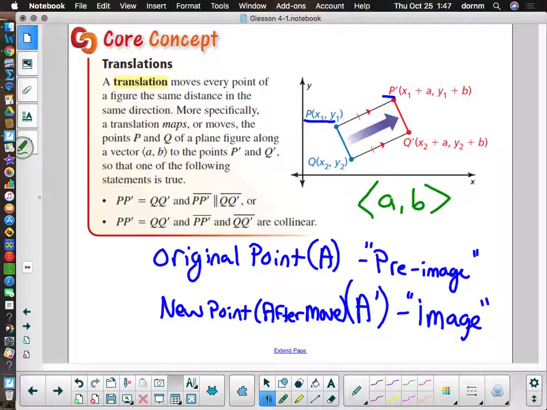The second point of the segment, (x2, y2), goes to the image of Q, which is Q primed, (x2 + a, y2 + b). Now, it does note that P to P primed and Q to Q primed are parallel lines. That's really not going to be super important to us, but it is kind of an interesting fact. They are definitely the same length.